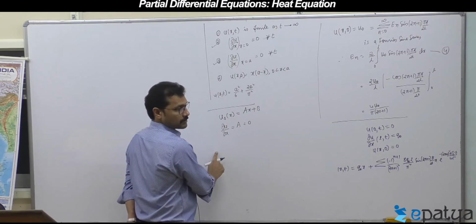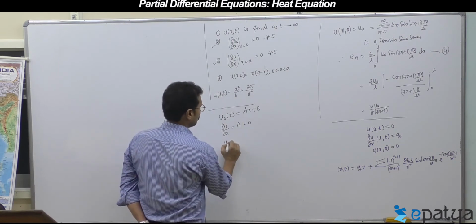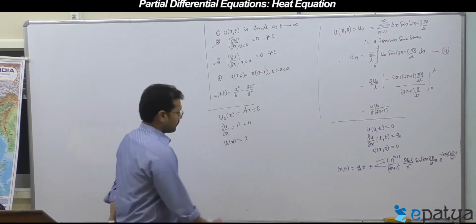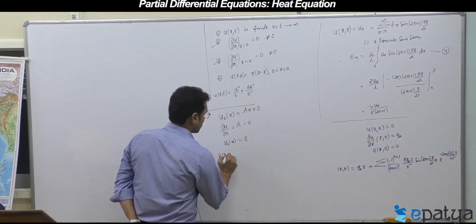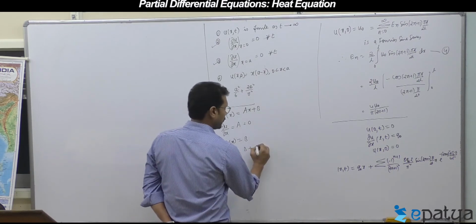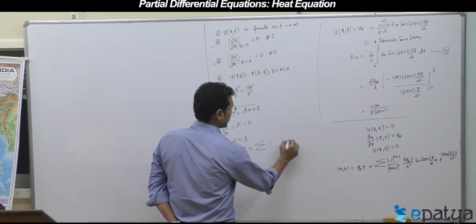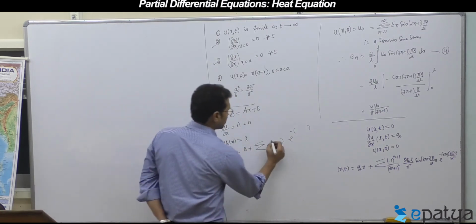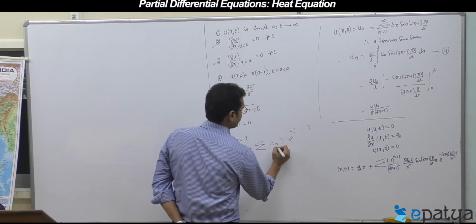So what remains is u s of x comes out to be b actually. So your u of x comma t will be b plus the transient part, some sigma, whatever it comes. Here maybe some En might be there. Are you getting?